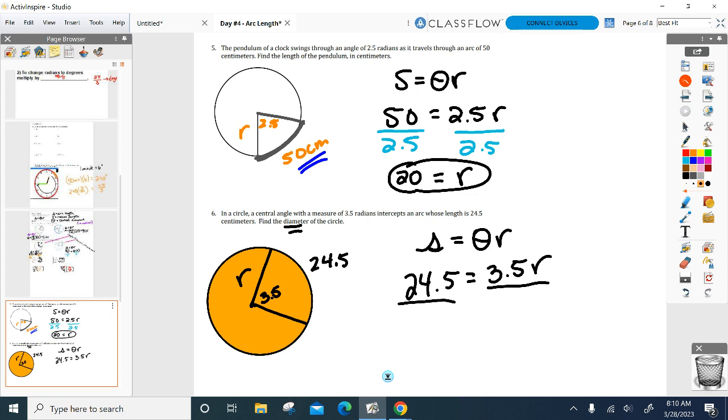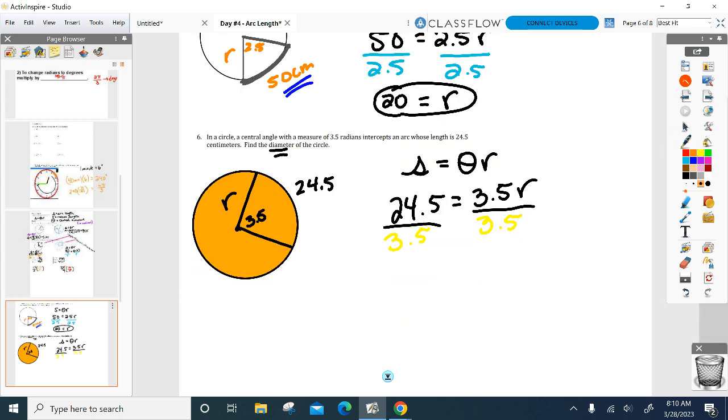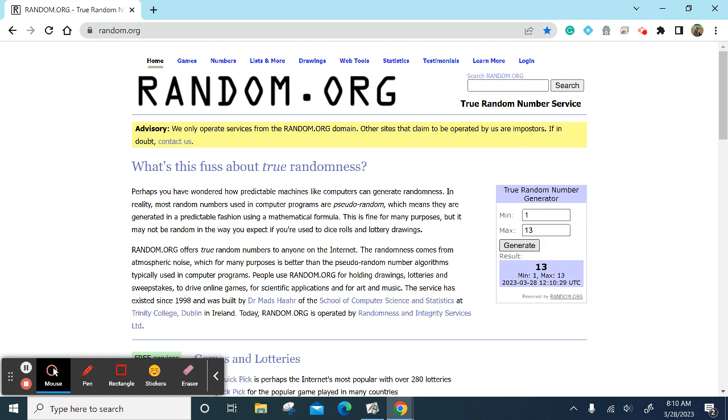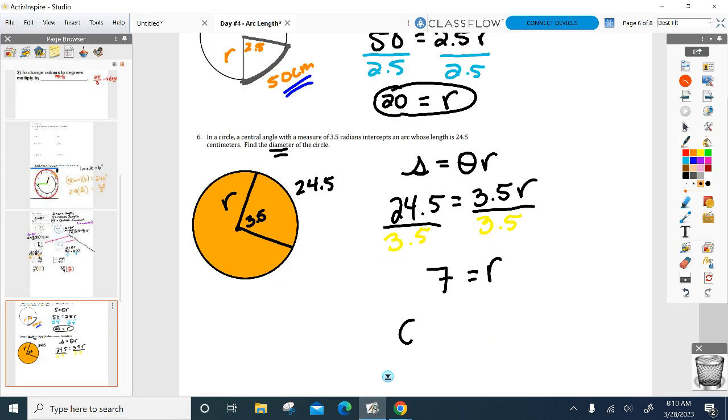Divide by 3.5. I think the length is 7. So now, help me out. How do I find the diameter length? Finish it off, right. Multiply the radius. Here you go.